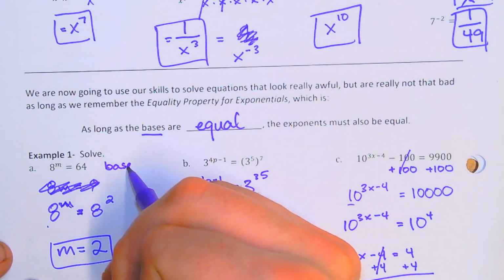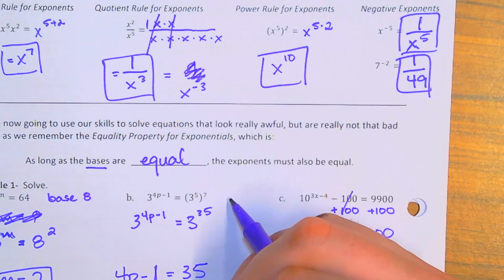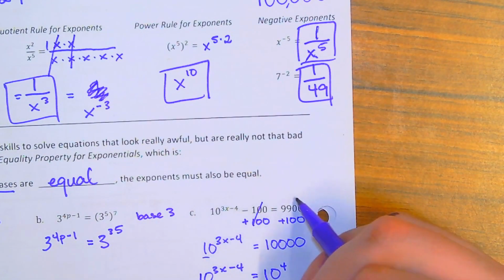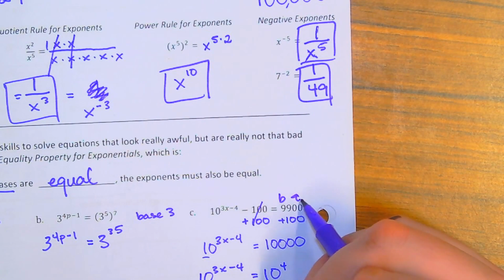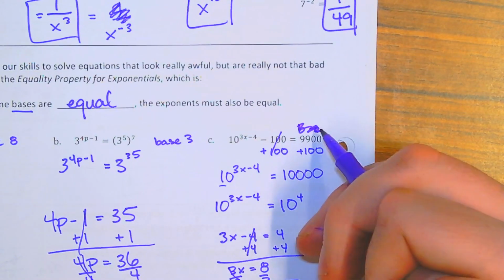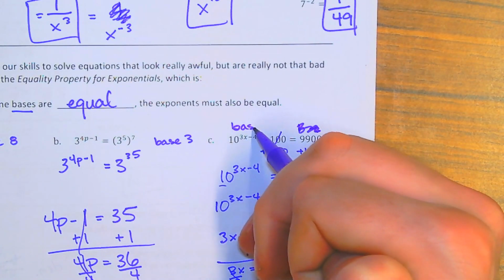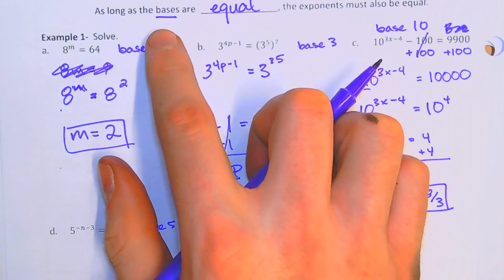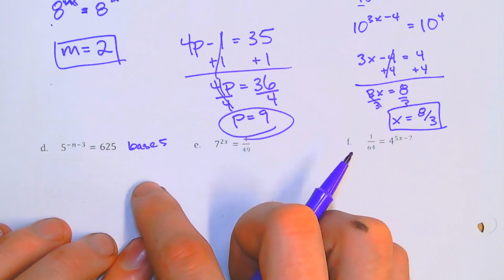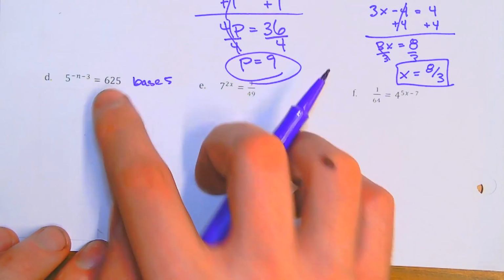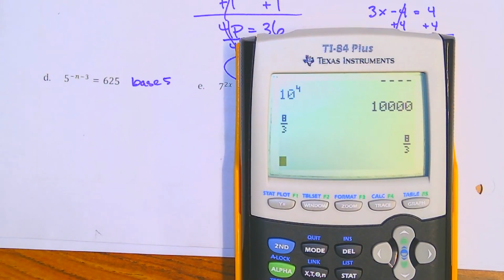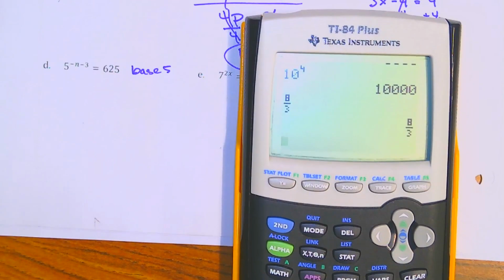Base 8, base 3, this one's going to be base 10, okay, so that's going to be base 8, base 3, and base 10. This one's base 5. So what we need to do is get 625, but it has a base of 5 instead. So again, start typing in your exponents.